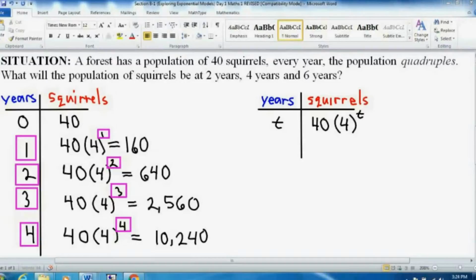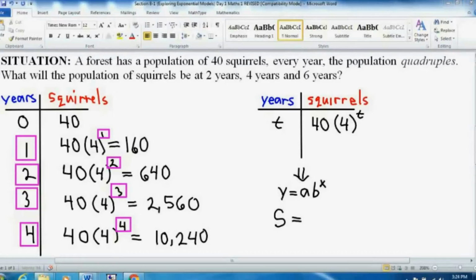Now that we have this general formula, we can then use this formula to express this situation as an exponential equation. That is to say, our formula will be similar to that of y equals a b to the x. So in this case, the letter S will represent the squirrel population.